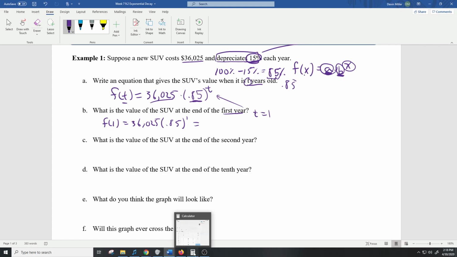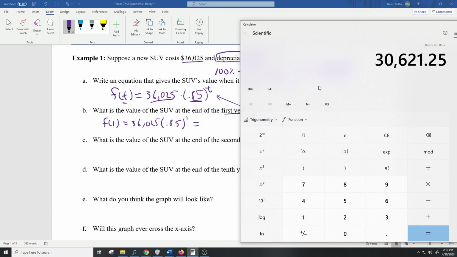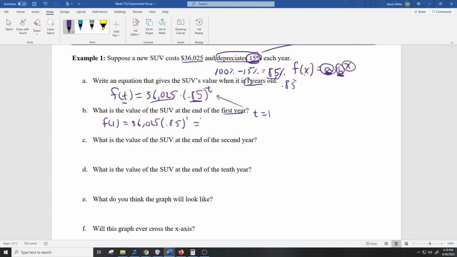Pull up your calculator. After 1 year, it is now worth $30,621.25. So you can see the value has gone down in the past year. You can actually continue doing this.